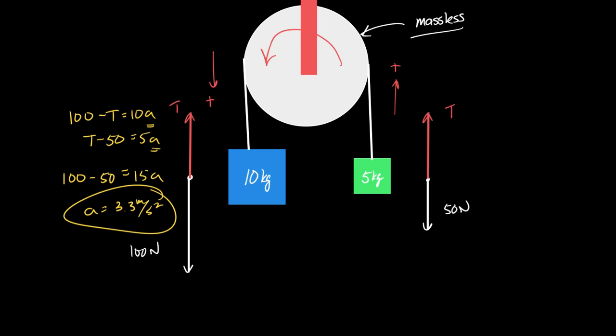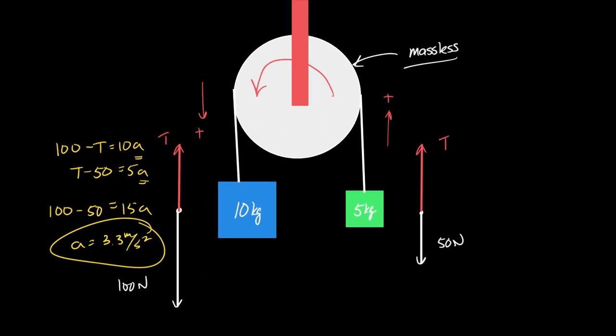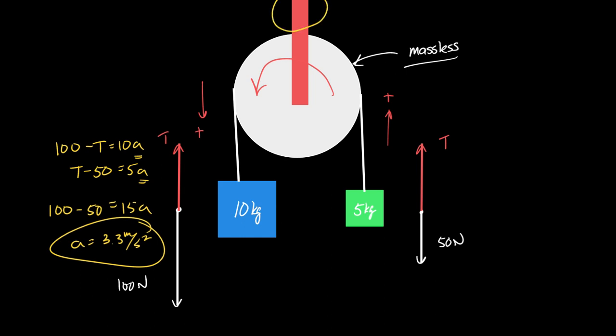This bar right here, the whole system is suspended from the ceiling. The pulley has a net force of 0. If the pulley is massless, do you think the upward force on the pulley will be greater than 150 newtons, less than 150 newtons, or the same as 150 newtons?